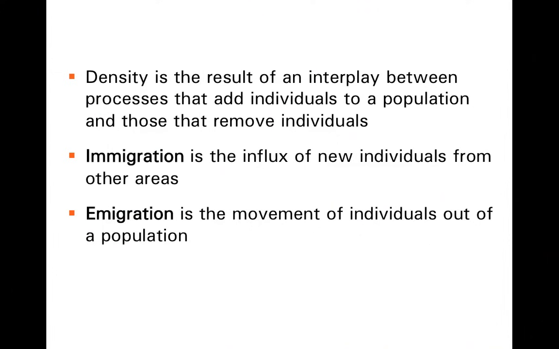So density, or how many organisms are in a given area, is going to be a factor of how individuals are added or removed from a population. One way is through immigration and emigration, new individuals entering the area or leaving an area.